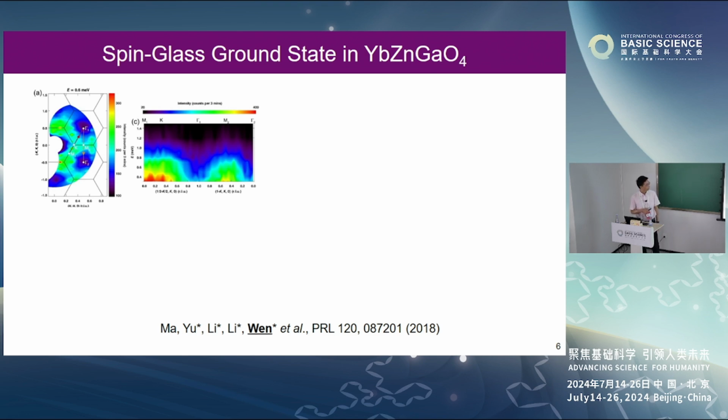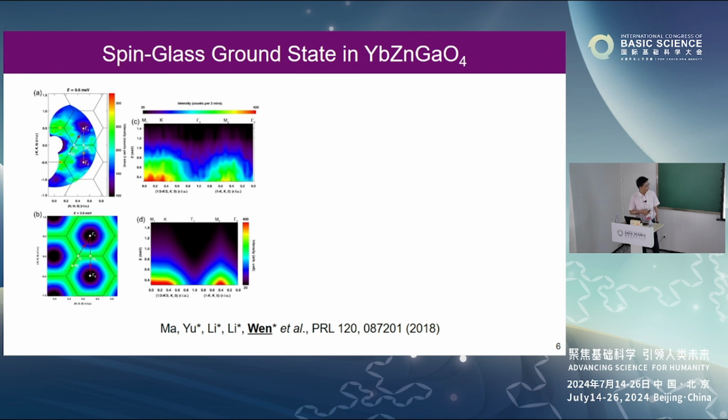So we collaborate with our theoretical collaborators, and we assume the ground state is a magnetic order state. And then we introduce some structural disorder into the system, so we can actually reproduce theoretically the experimental observation.